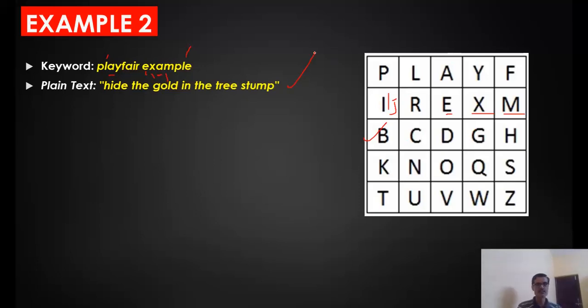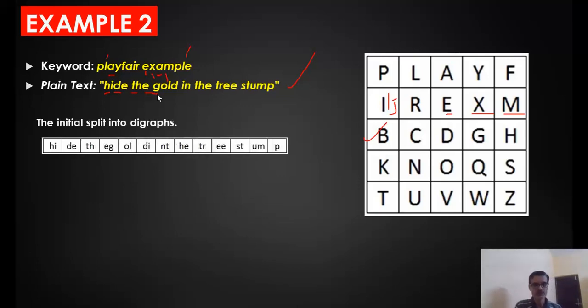Hide the gold in the tree stump. What I will do first is divide this into groups of two alphabets, that is digraphs or diagrams. So when I write it here, these are the initial digraphs we get. Now, once I have those digraphs, I have to check whether there is a repetition.